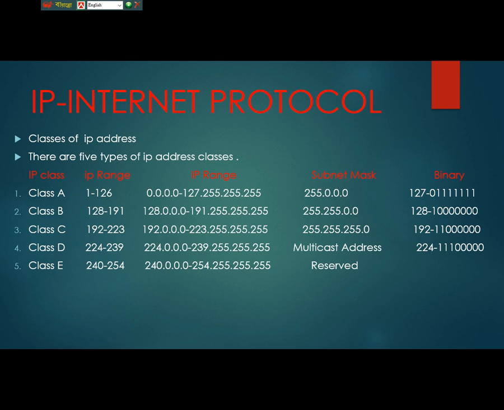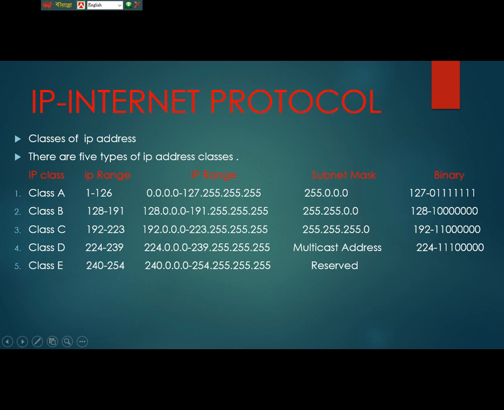Every place has an address. So any computer has an address. So a computer needs an IP address. We can find or identify a computer by its IP address.